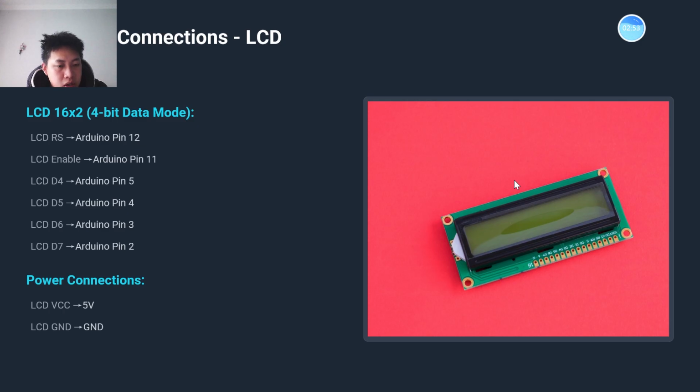For power, LCD VCC connects to 5 volts and LCD ground connects to ground.